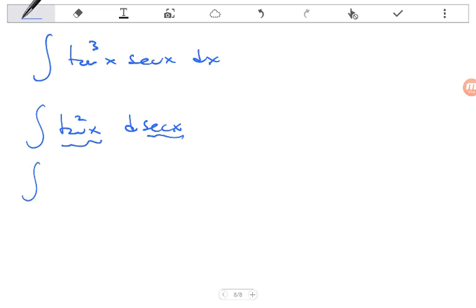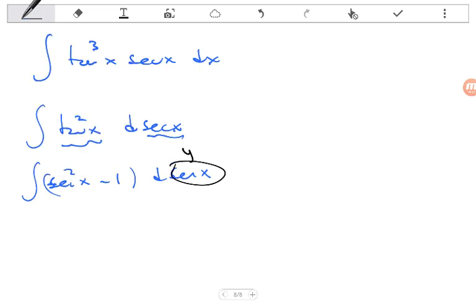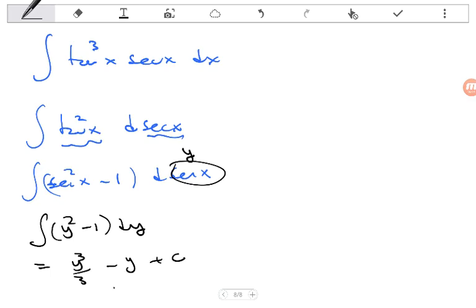So this is sec squared x minus 1 d sec x. If I call this y, this integral will be y squared minus 1 dy, which is solved, saying that y is sec x.